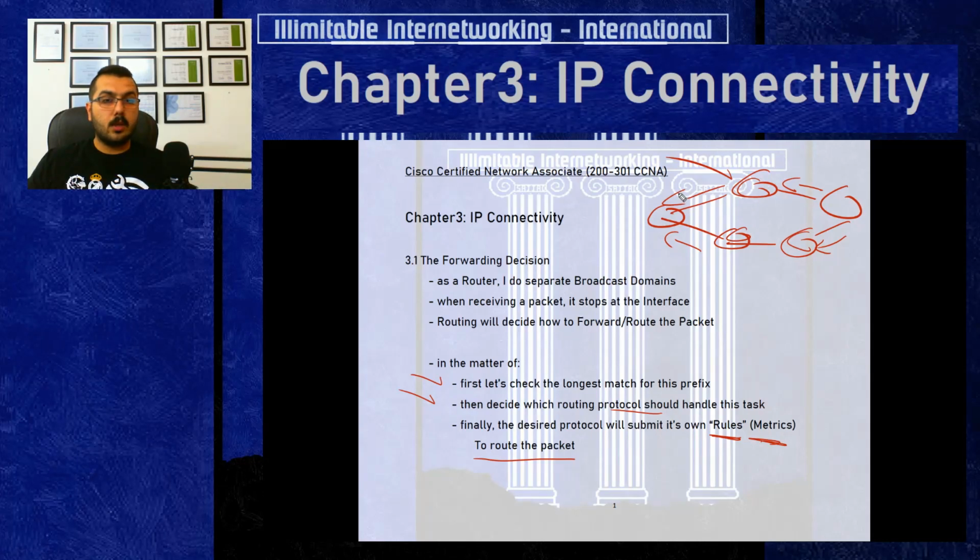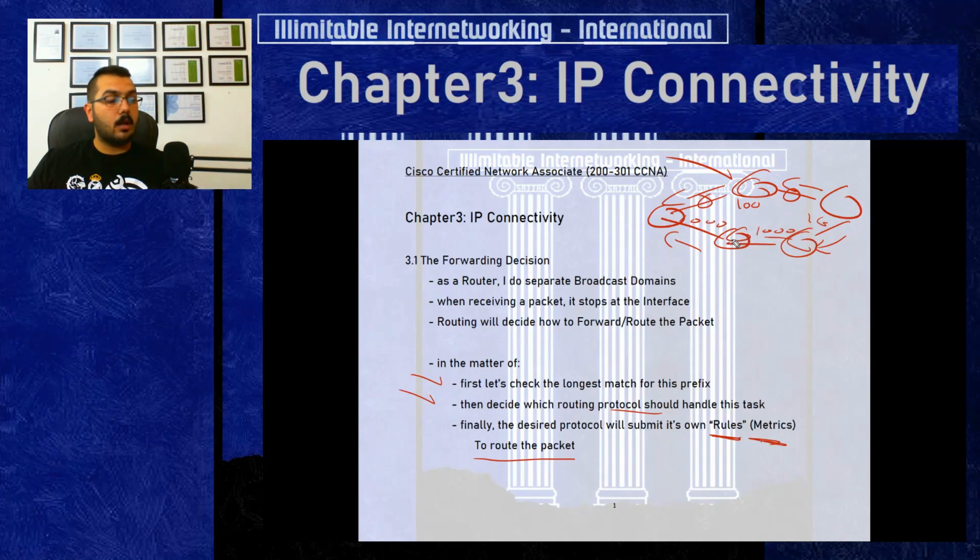Using OSPF, it will check the bandwidth of the path. Maybe you'll see that the bandwidth of this route is only 100 megabit per second. But the bandwidth of this path is 1 gigabit, or 1000 megabit, so this is 10 times better than the other path.